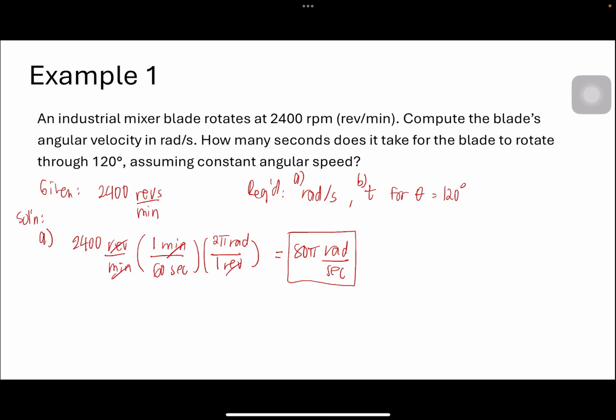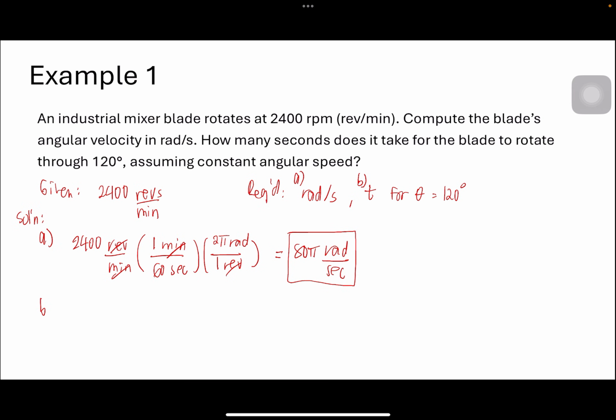Next, how many seconds would it take for the blade to rotate through 120 degrees? Your angle should be in radians.